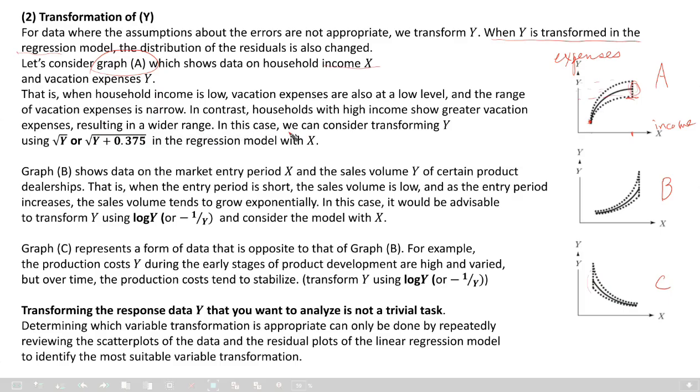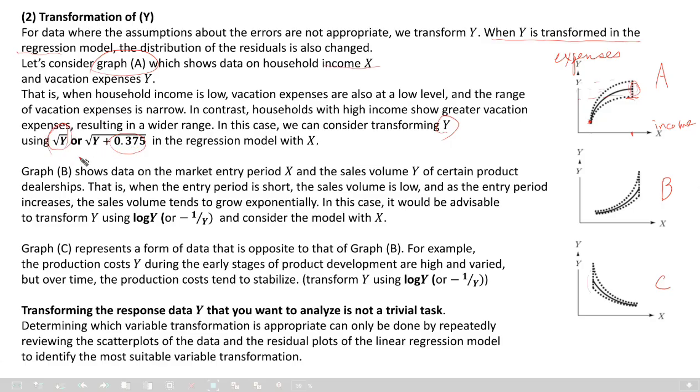In this case, we can consider transforming y using square root y or square root y plus 0.375. This is a specific value, say, a variance stabilizer, something like that. So you don't have to worry about the 0.375, okay?